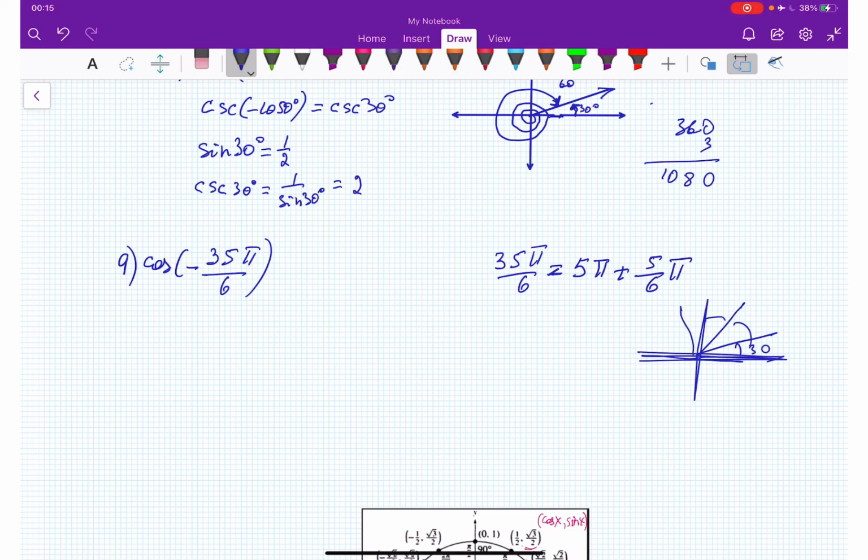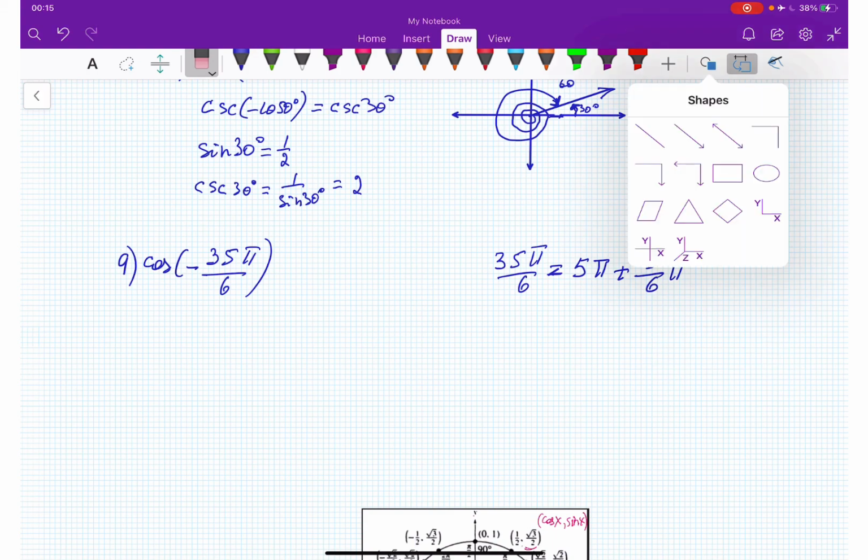Same way here, 3 times 30. Each of them is 30 degrees. So we divide pi into 6 pieces, and we take 5 pieces. So it's going to be 1, 2, 3, 4, 5, all the way to here. Yes? Okay. Let's work on it.